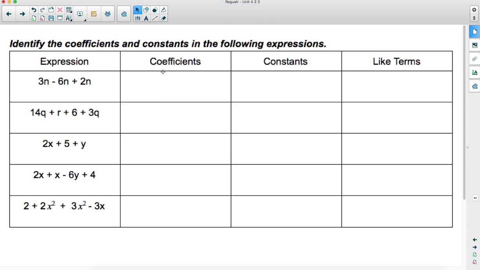So when you're working on this, list the coefficients, list if there are any constants, and then tell me the things that are alike. I took out variables and operations because those are easier for us to identify. So these are the 3 new ones that I want us to really focus on.